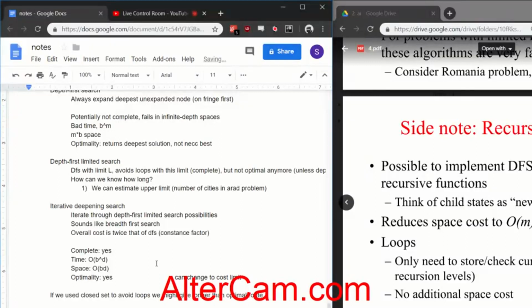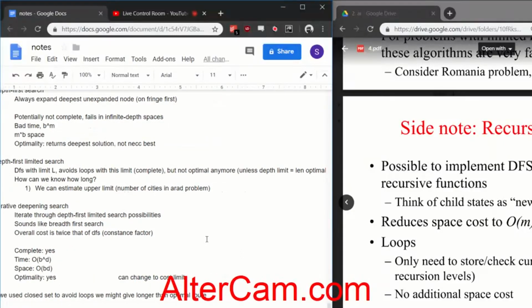Because to check for a loop, the only thing we have to know is what's in the current path we're looking at. A loop is defined by saying that we want to go to a state that's already in the path that we're currently looking at. If we had a list, if we stored all of those states, then we could check it quickly. And that's all we need, just the states in our current path.